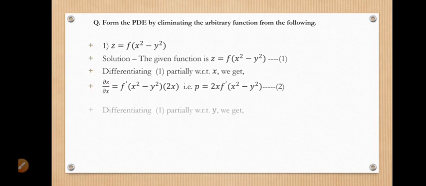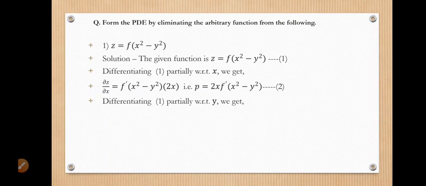Similarly, differentiating equation 1 partially with respect to y, we get q equal to minus 2y f dash of x square minus y square. So now in equation 2 and equation 3 we are having f dash. We can remove this f dash to form the partial differential equation, which is the required thing.